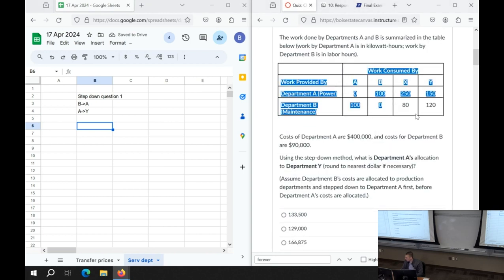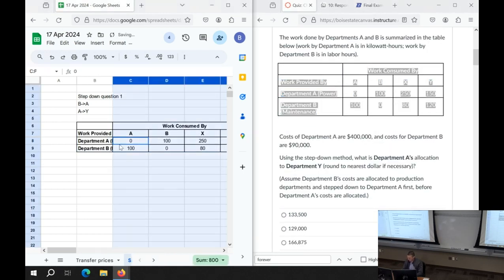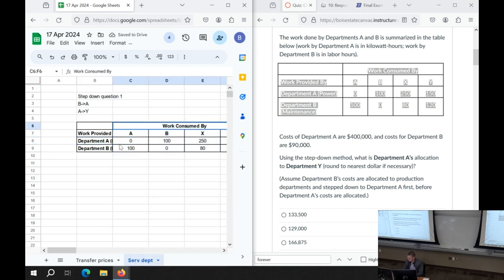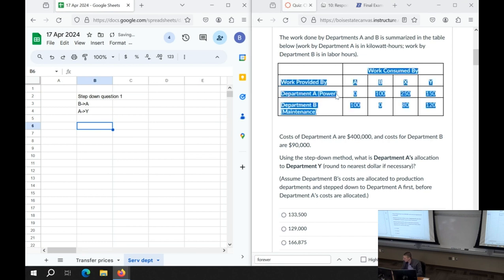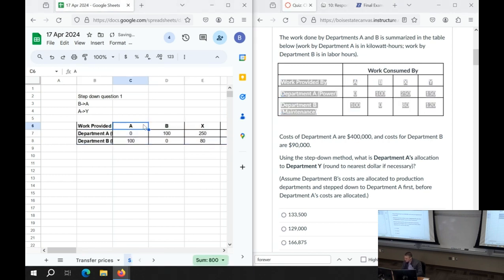All right. Now what I can do is grab all this and copy it over. I don't want all that, I want this. Get rid of that merge cell, it's throwing me off. And I can add a column here and put in 400,000 and 90,000. Now I've got all the information from the problem right there.